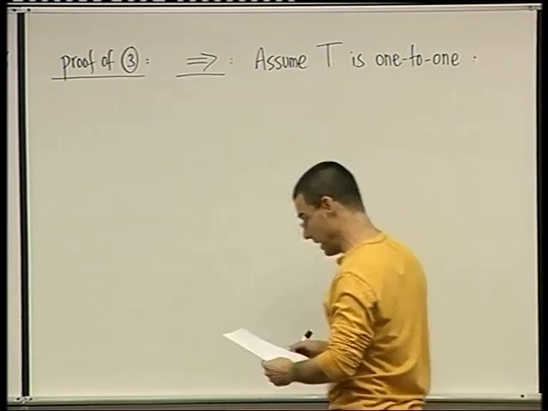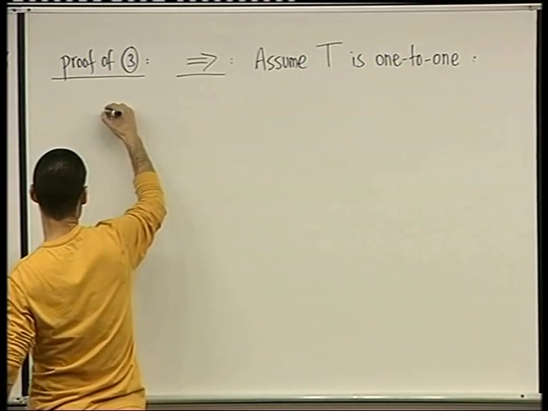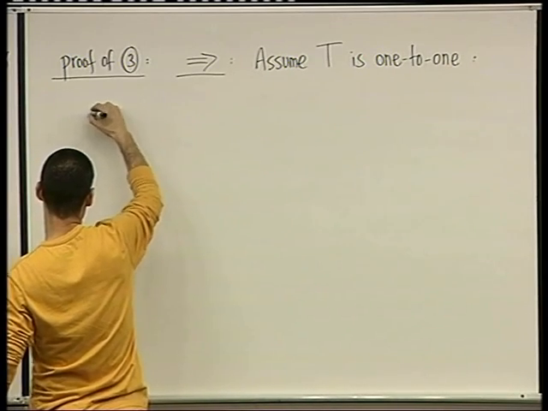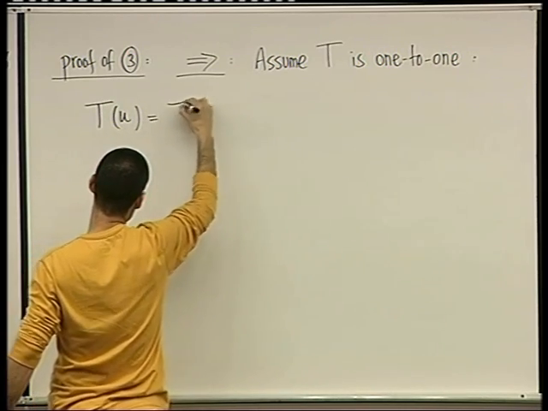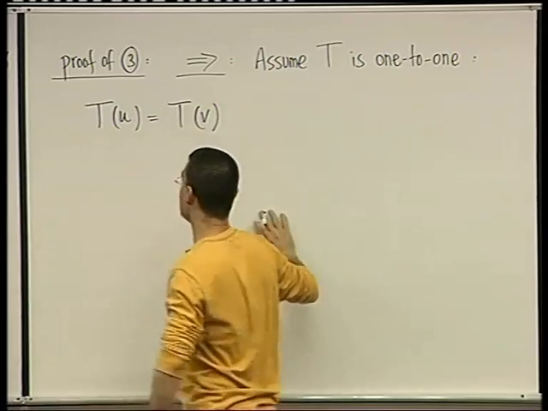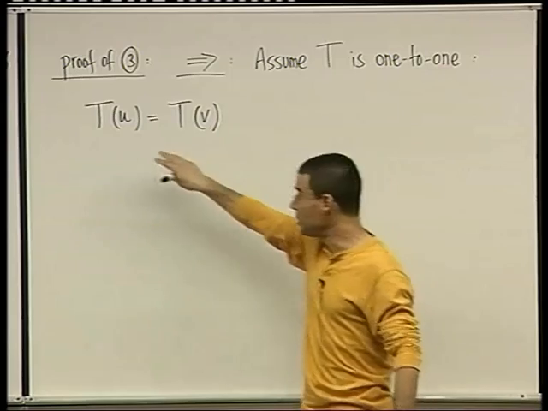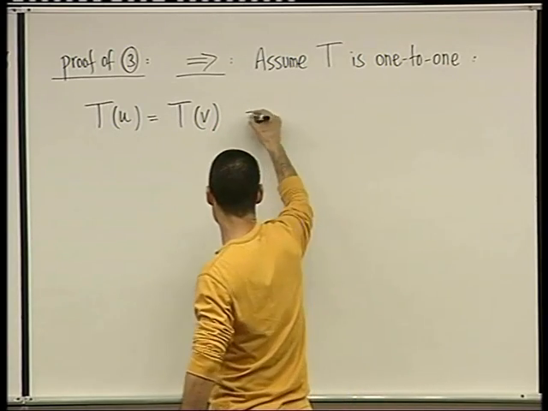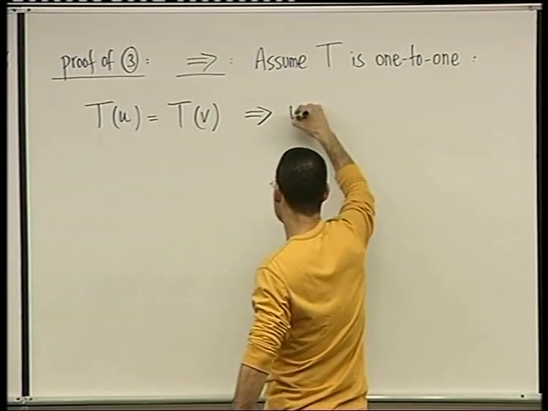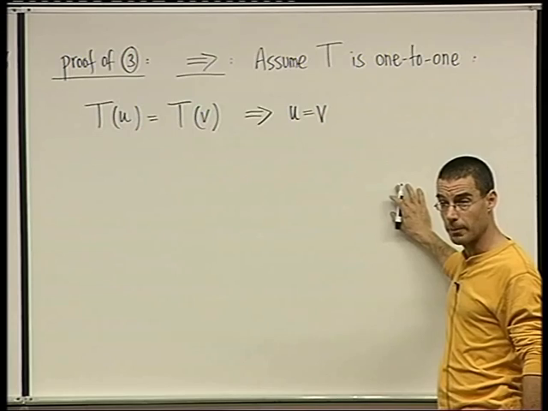What it means, by definition, is that if you take U and V that T sends to the same image, if T of U equals T of V, that can only happen, that implies that U was in fact V. That's what it means to be one-to-one.